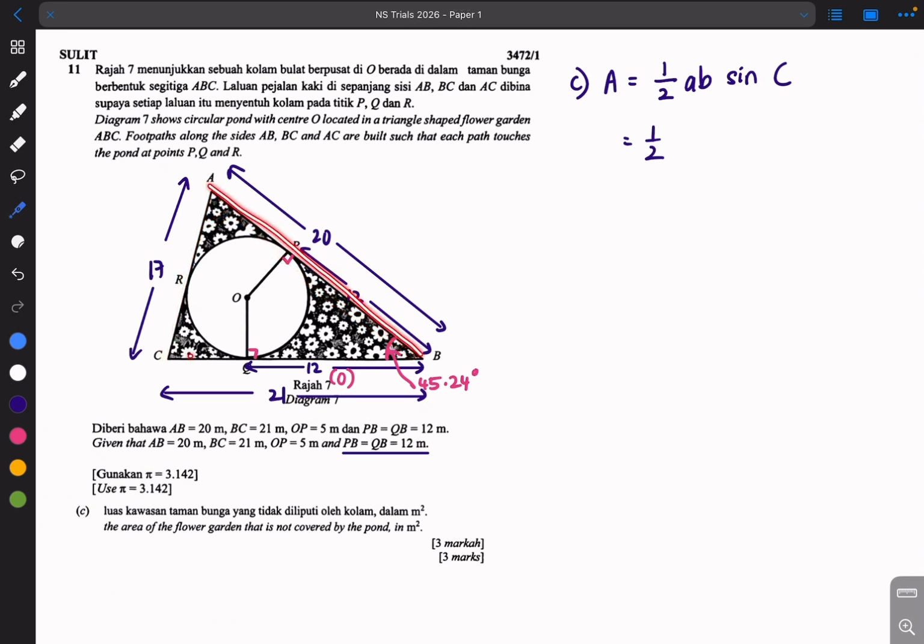So this is A, this is B. A is 20, B is 21, sine 45.24.